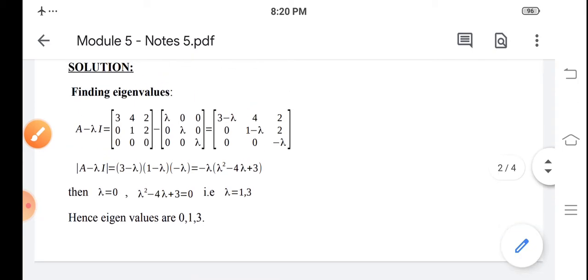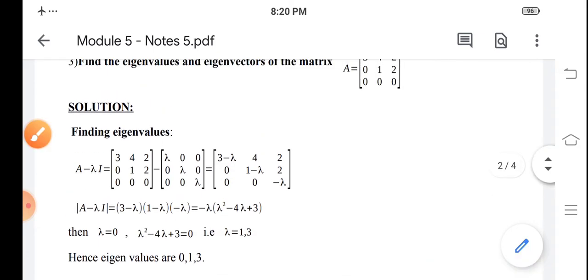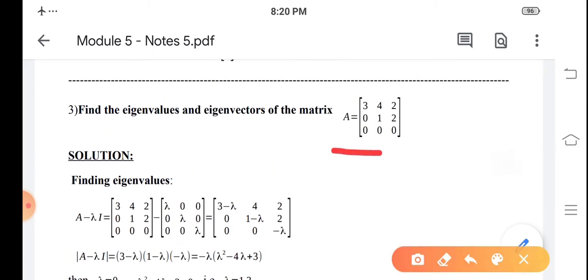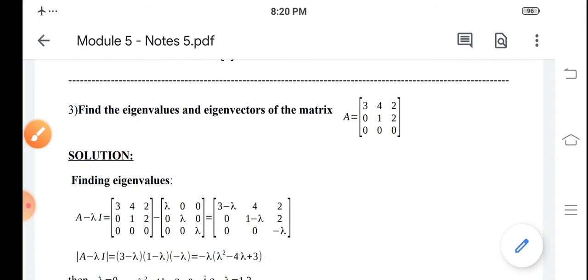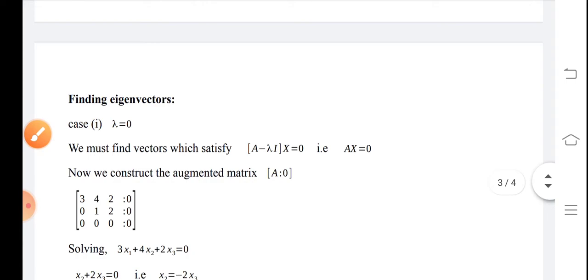Or, without finding the characteristic equation, we can write the eigenvalues directly from the given matrix because it is a triangular matrix, and we know that for a triangular matrix the diagonal entries are the eigenvalues. The diagonal entries are 0, 1 and 3. These are the eigenvalues. Now we will find the eigenvectors for each case.